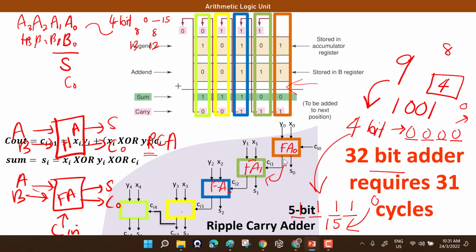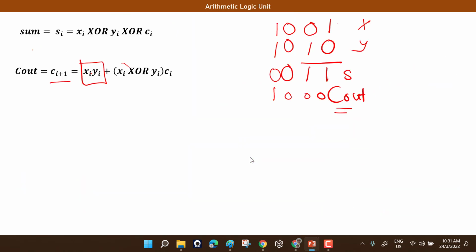The carry in output will become the carry input for the first stage. So it is influenced by carry in, which means that if there is carry in being taken into this stage, then this carry in would influence the overall result.